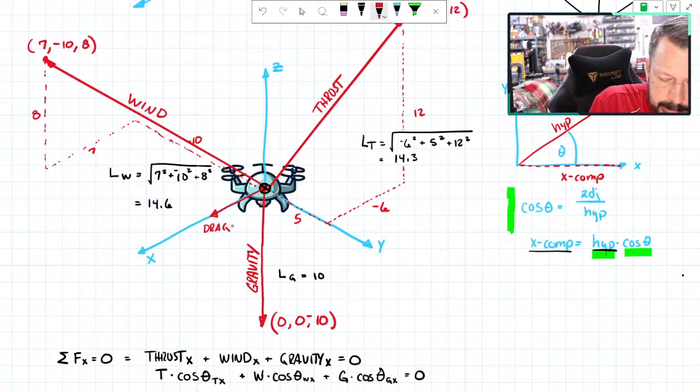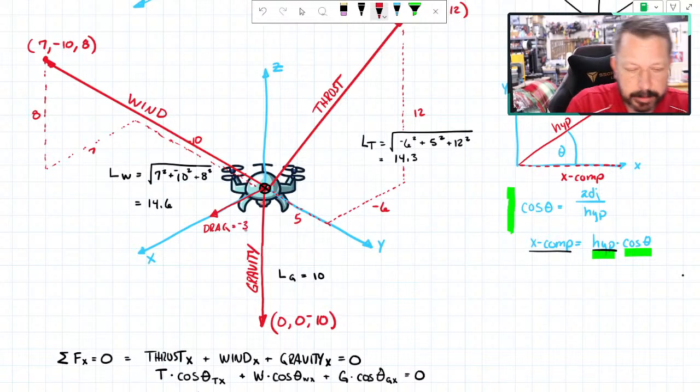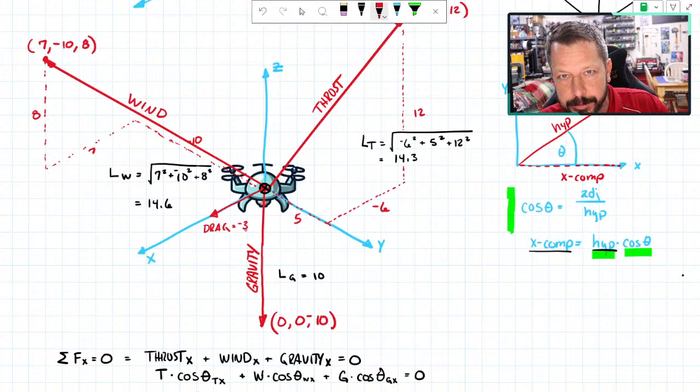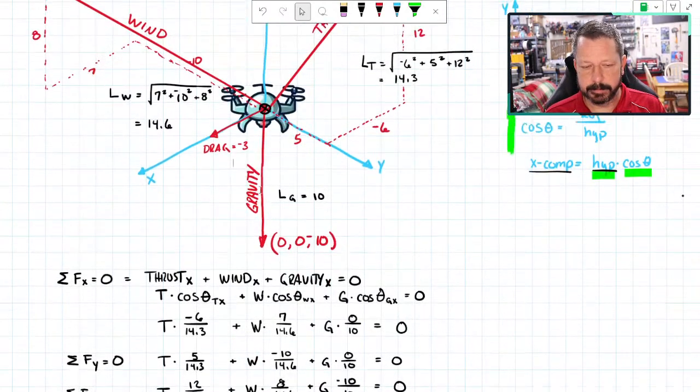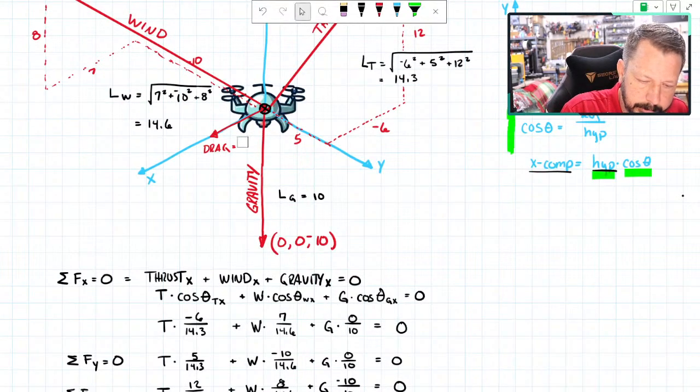Let's just say that it is -3. I don't know what units we're dealing in here, if these are newtons or pounds or whatever they are, but they're all the same units. So let's just say that we have a known drag force. It would make a lot more sense to have the gravity be the known force. But since we've already set it up this way, let's just make drag a, not -3, just 3.